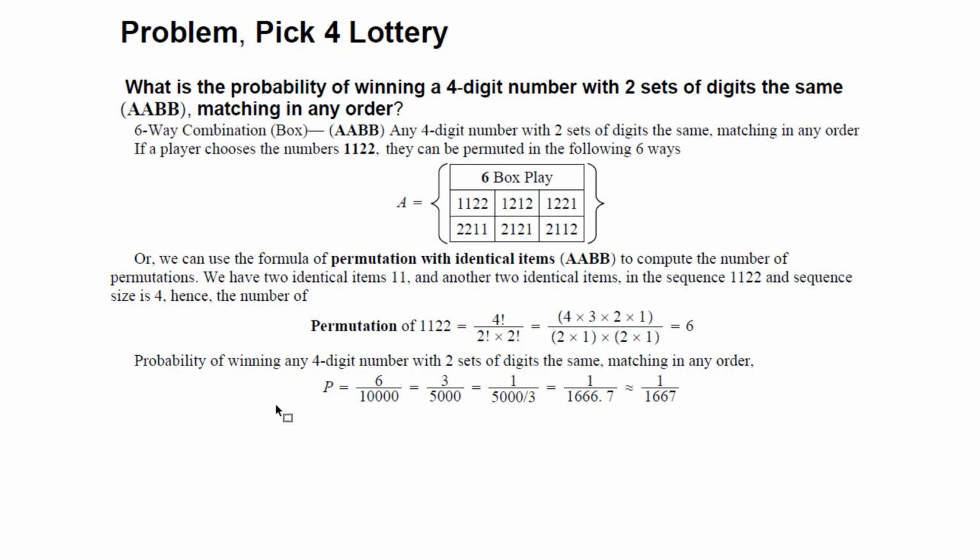So now the probability of winning any 4-digit number with 2 sets of digits the same, matching in any order, we divide the number of possible outcomes for the 6-box play over 10,000, and we get a chance in 1667.